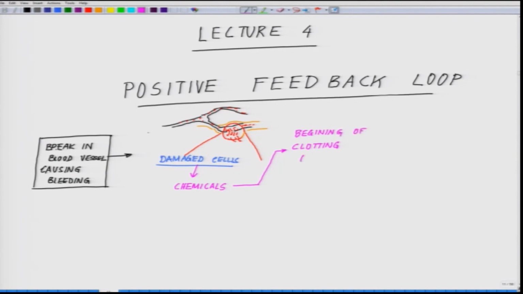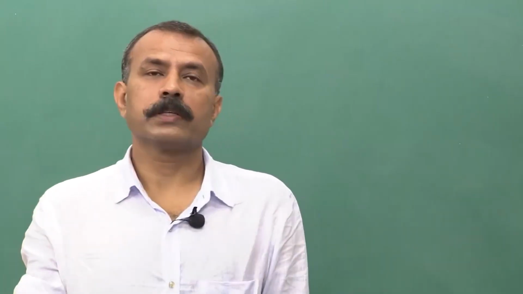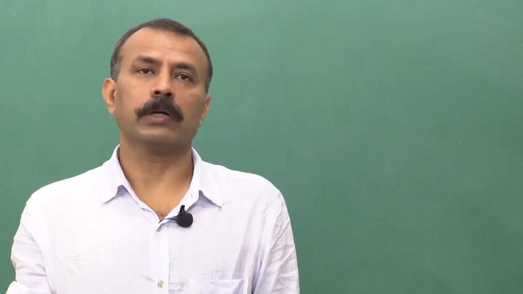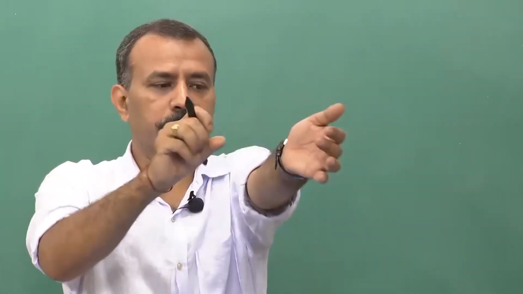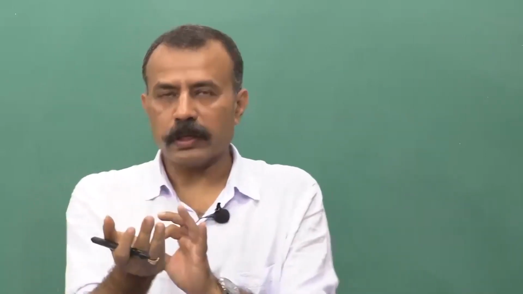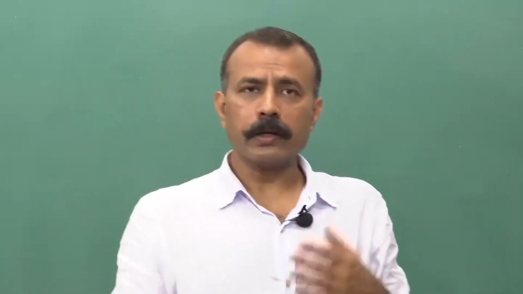Beginning of clotting process. So as we are breaking down the problem, you see this one was step 1, this is step 2, and this secretion of chemicals happens both from the damaged blood vessel as well as from the damaged tissue around it, because when you get an impact, say for example on your body, it is not only the blood vessels which get ruptured, it is the muscle, the endothelial cells, the epithelial cells, they also get damaged.